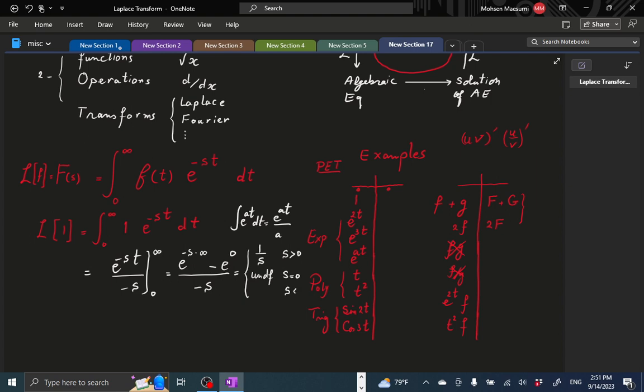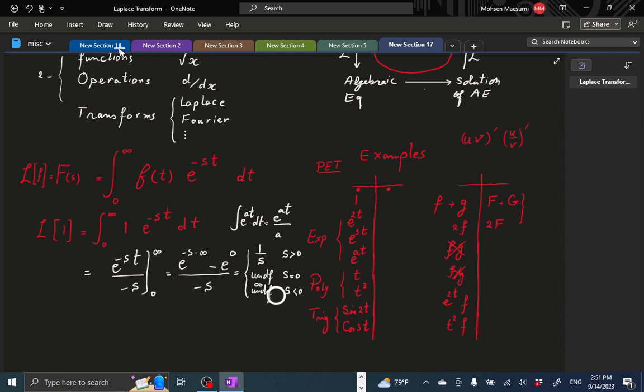But if s were a negative number, minus s is positive times infinity is going to be positive infinity. This is going to be infinity, and this is some positive number. You get infinity again, so you can write undefined, or you can just write infinity in either case.